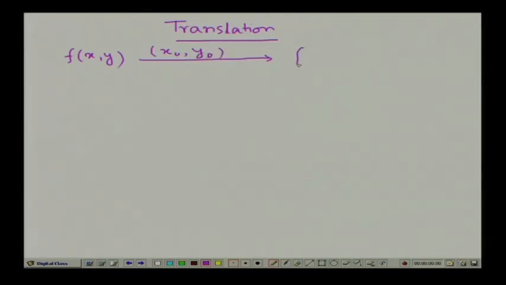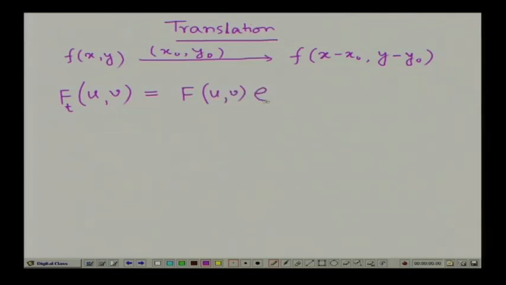So, what we get is a translated image f(x minus x naught, y minus y naught). If we take the Fourier transformation of this, we have found that the Fourier transformation of this translated image, which we had represented as F_t(u,v), became equal to F(u,v) into e to the power minus j 2 pi by capital N (u x naught plus v y naught).